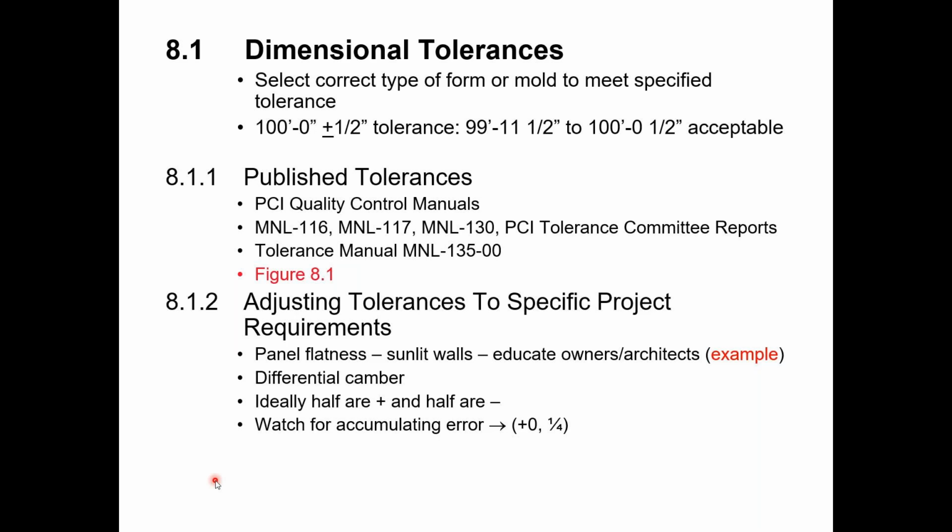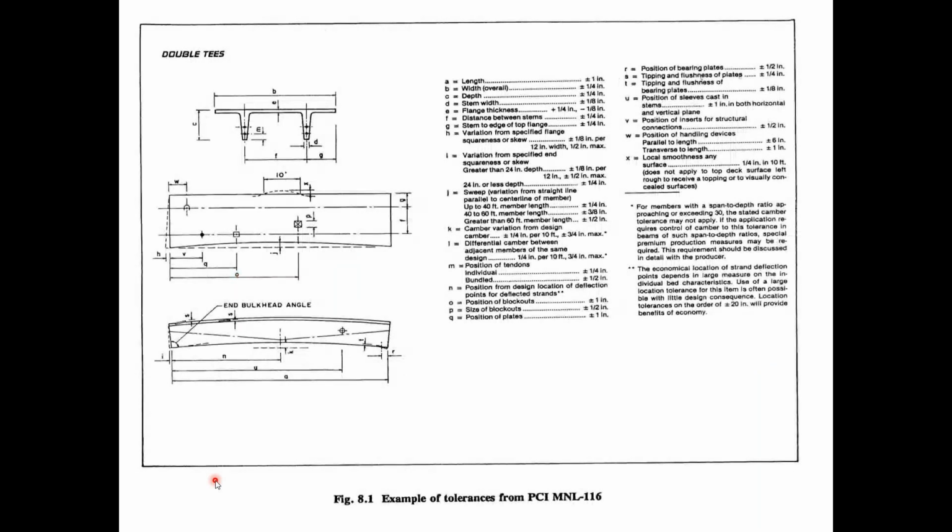I'll come back to this slide, but Figure 8.1 is an example of tolerances from PCI MNL 116. So this is the structural PCI manual. If you go to the back of that book, this is what a given sheet will look like. It'll give you the defining views, so side view, top view, and a section view, in the order you see them on the screen.